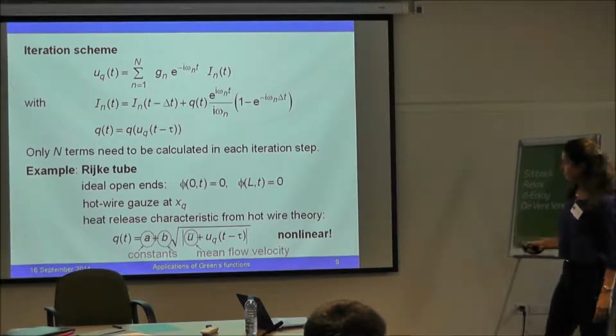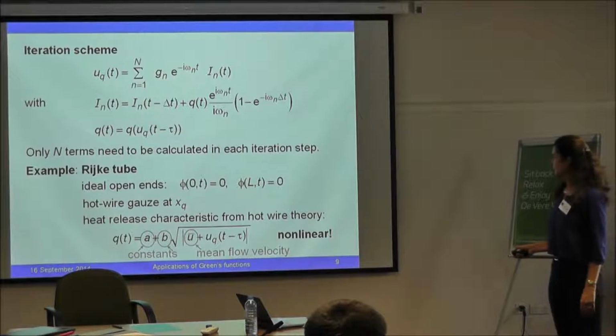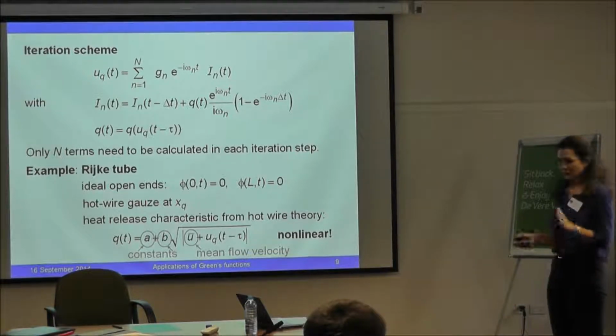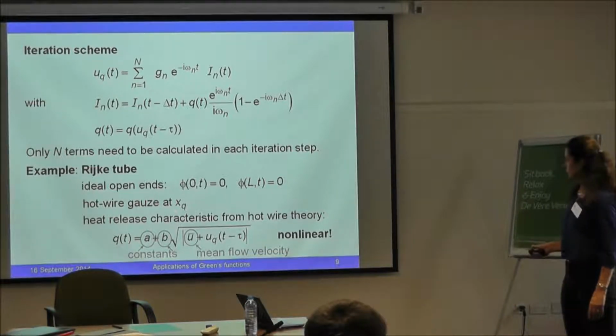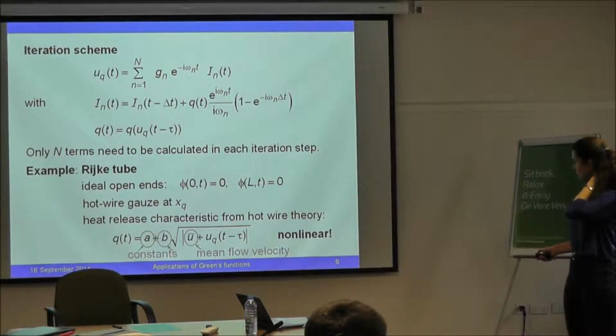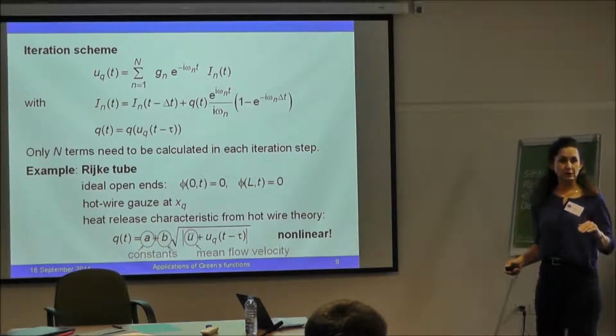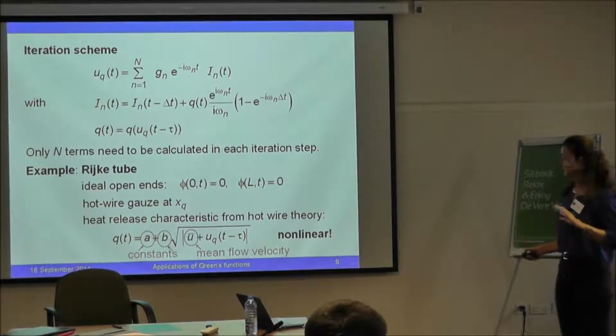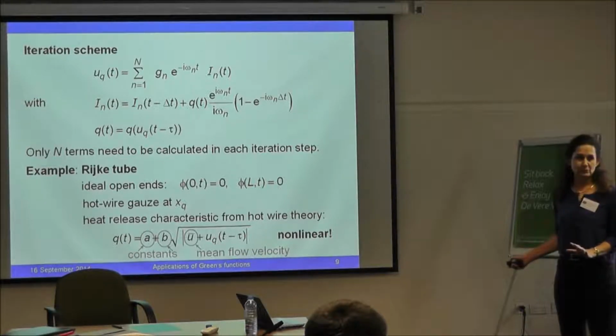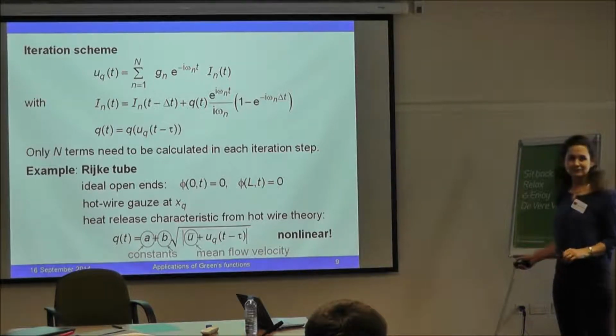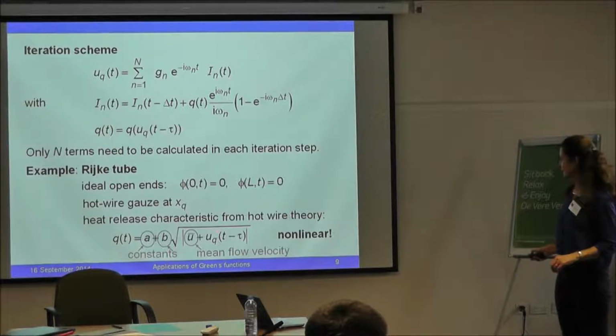I want to show you an example here, the example of a Rijke tube with two open ends. I've assumed that there's a hot wire at position x_q, and for the heat release characteristic, I've used this time lag law, which is nonlinear. In fact, this is the heat release characteristic for a hot wire, from hot wire theory. So that's a good enough first candidate for a heat release law.